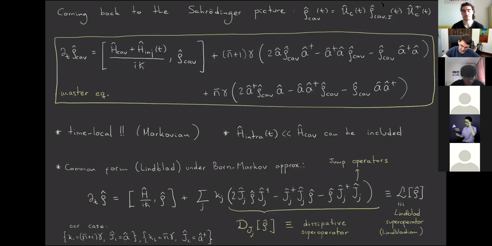So keep in mind that this form is something that we are going to use all the time. Some Hamiltonian and then some dissipative terms, we call them, even though they don't always need to be dissipation. Like for example, this one here, the jump operator is A dagger, right? So in this irreversible process, you create jumps by creating a photon in the cavity, okay?